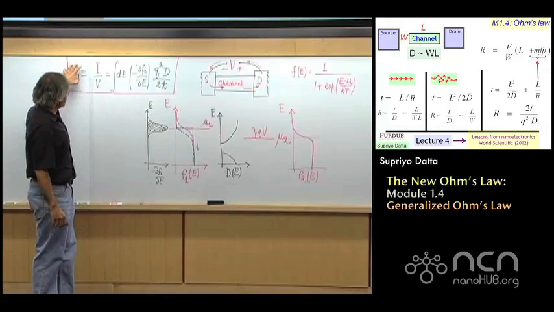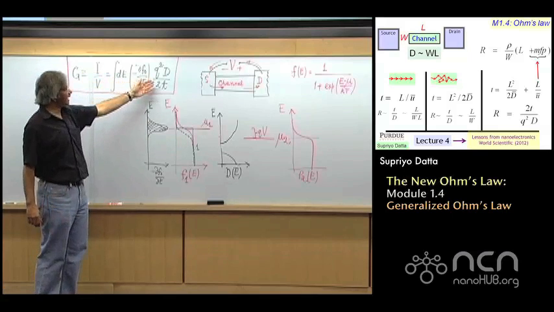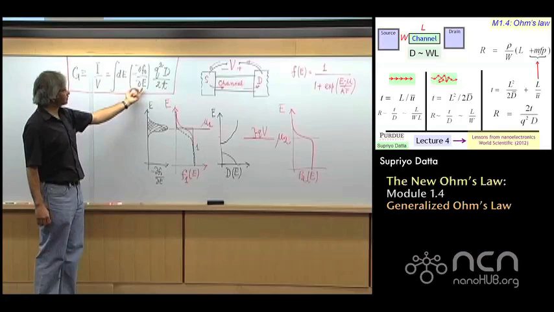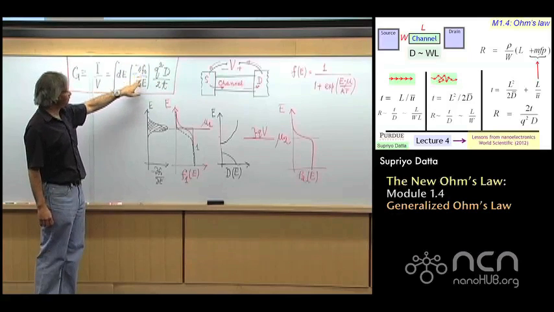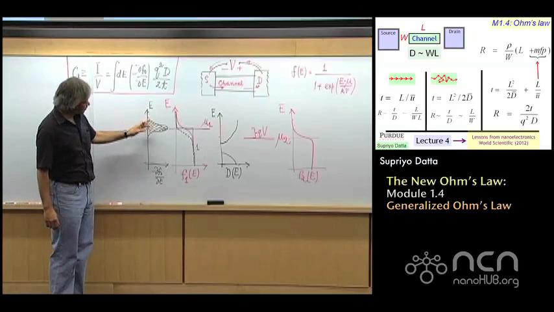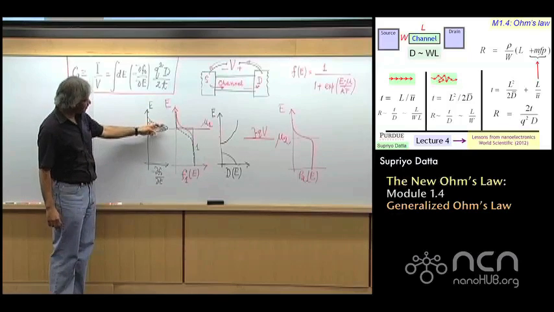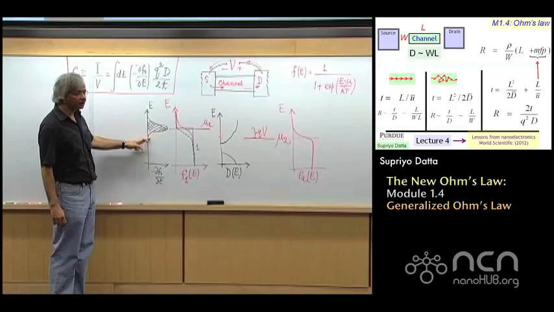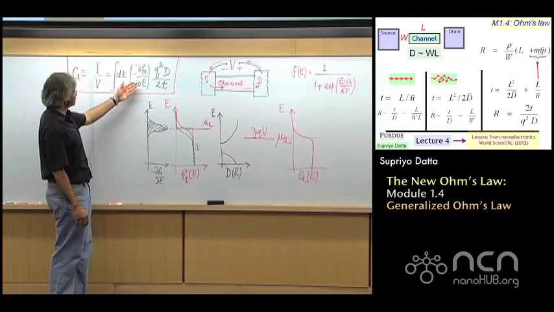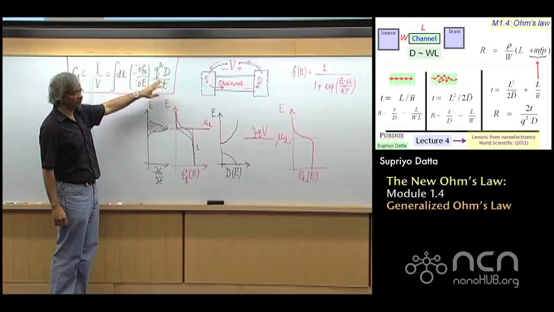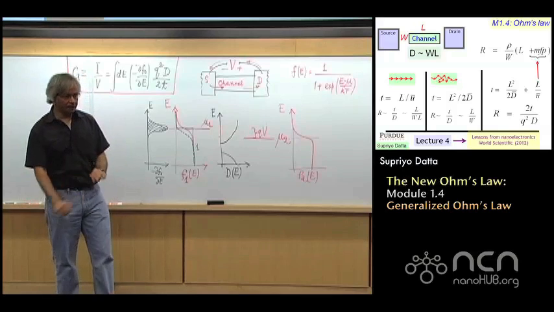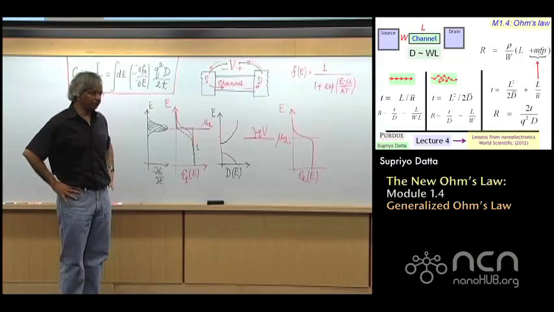And the actual measured conductance is an average of that, averaged over energy according to this function, this derivative of the Fermi function, which, as I mentioned before, looks something like this, with a peak around the electrochemical potential. If you look at the area under the curve, it's 1. So it averages this conductance over an energy range of the order of a few kT around the electrochemical potential.